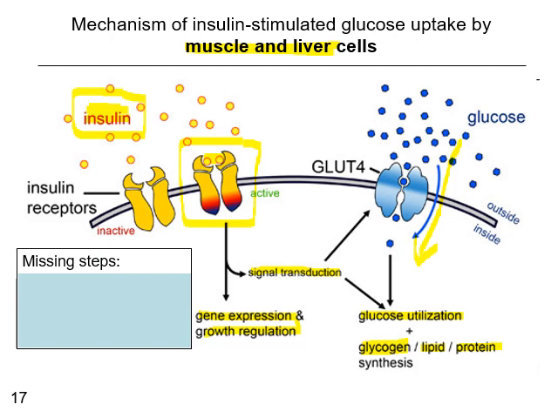So increased expression of a glucose uniporter and increased expression of the enzymes necessary for glucose storage as glycogen, lipid, and or protein. But there are things that are missing here. So I want you to fill in this box here with what is not shown on this slide.